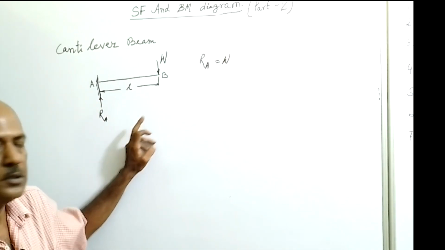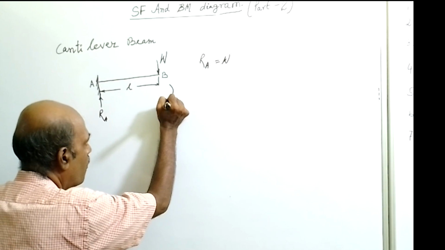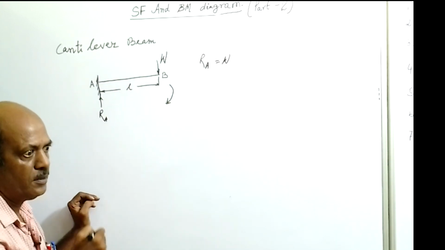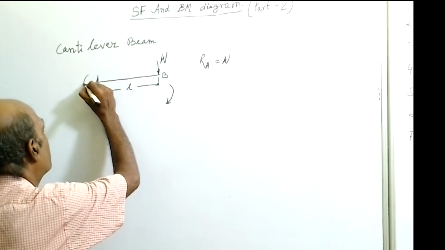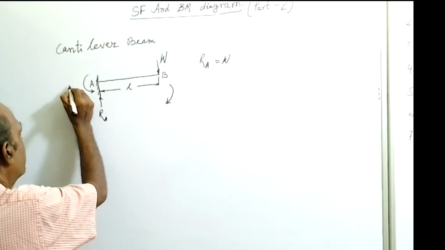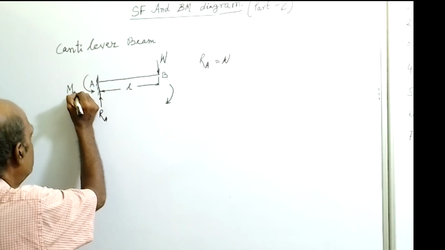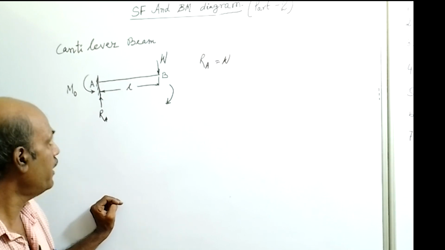Also, this W load will create a clockwise moment, so an anti-clockwise moment also will develop at the fixed end. We give the name M0 to the moment developed at the fixed end.